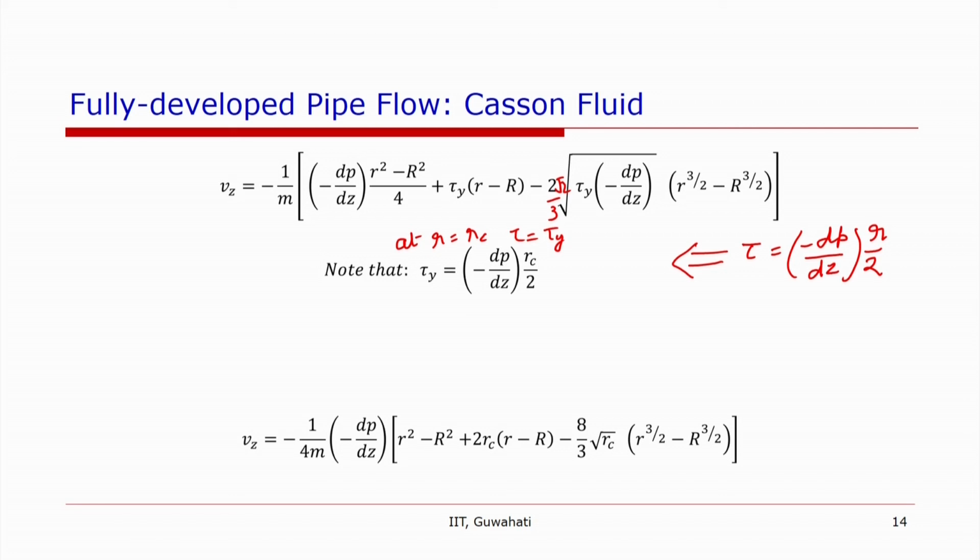So after substituting, we will get Vz is equal to minus 1 over m, we can take minus dp by dz out of this bracket, and four also can be taken out. So this will be small r square minus capital R square plus tau y we replace by minus dp by dz.